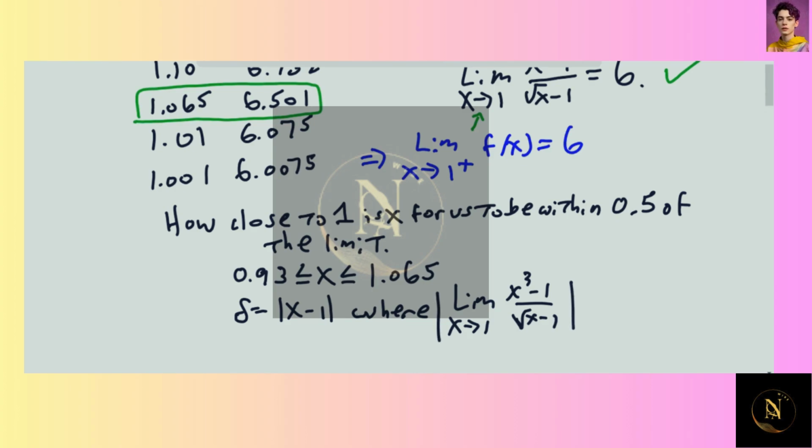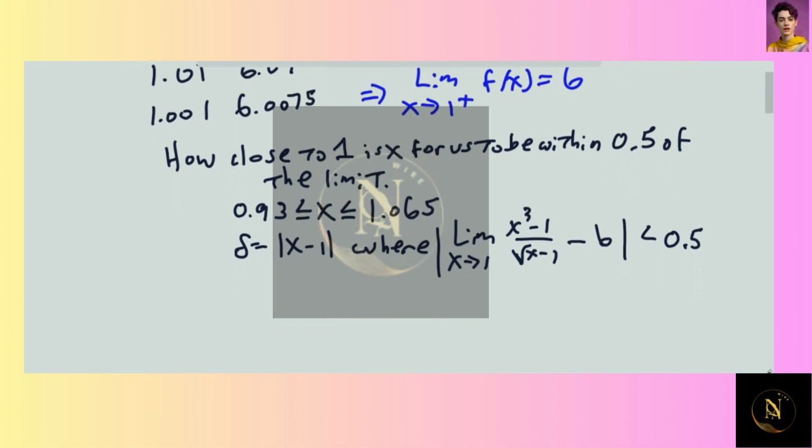That value minus the 6, the limit, is within 0.5. And actually, I shouldn't say equal to, is within there. So for that to happen, x is in this range, but I can only give one value of delta. So that delta is going to be either 0.07 or 0.065. So I need the smaller one. So 0.065 is the answer that I'm looking for.